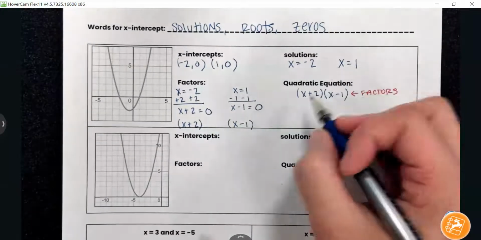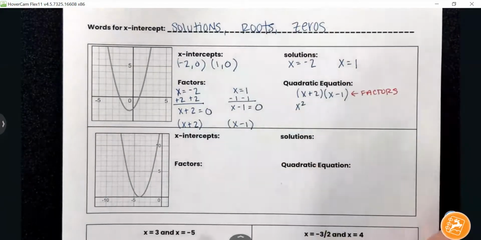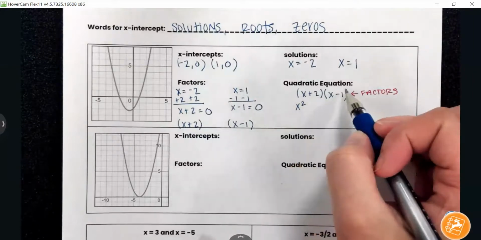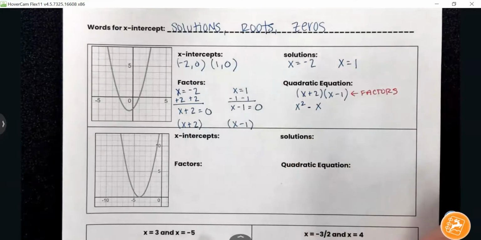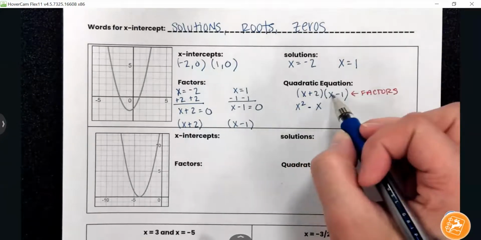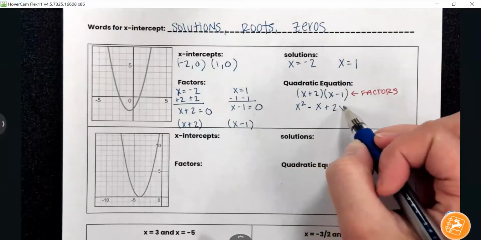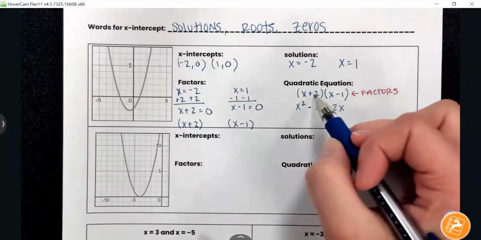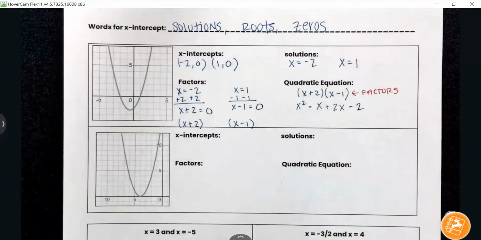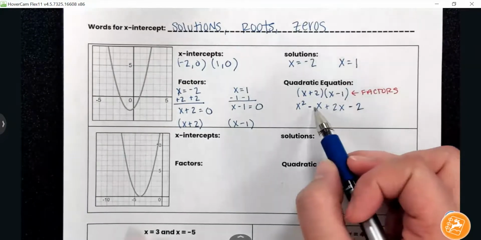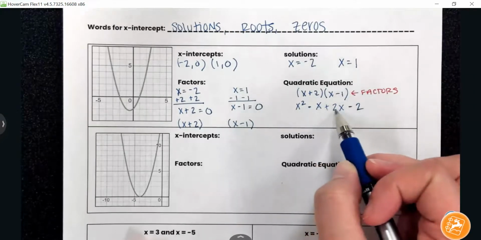X times x is x squared. X times -1 is negative x. 2 times x is 2x. And 2 times -1 is -2. Which ones can I combine? -1x and positive 2x.